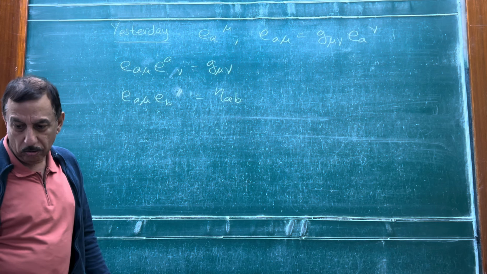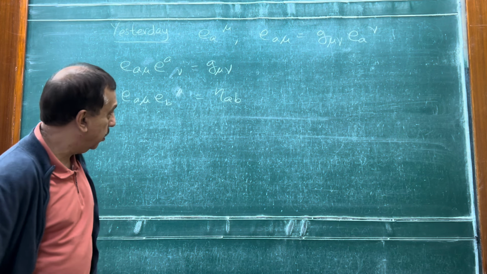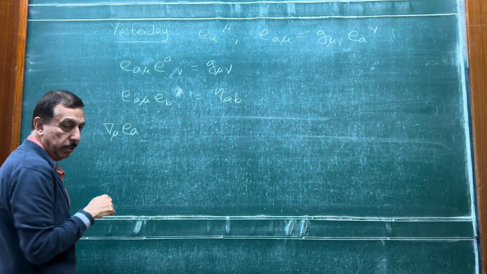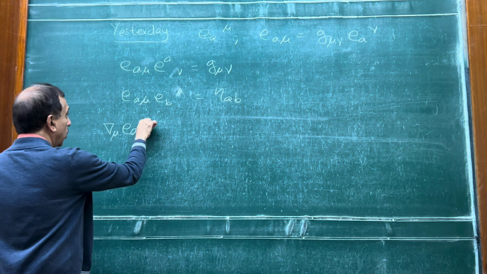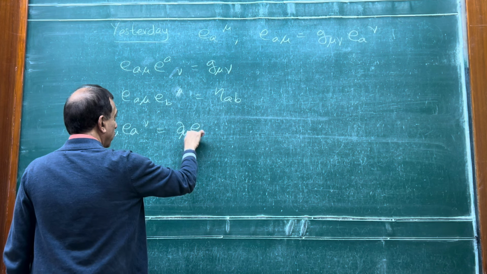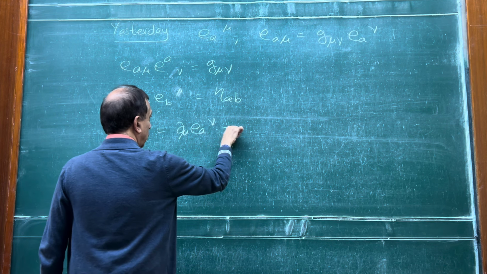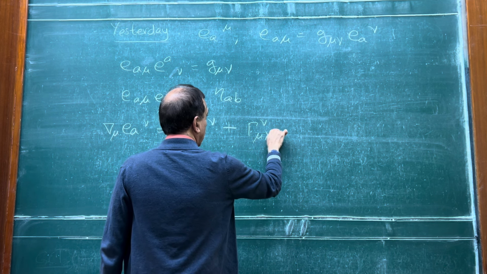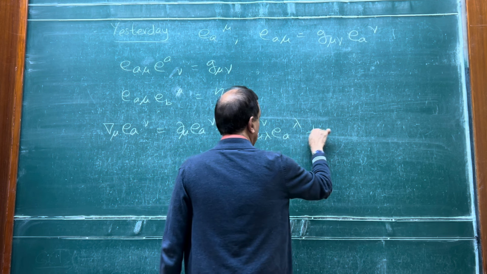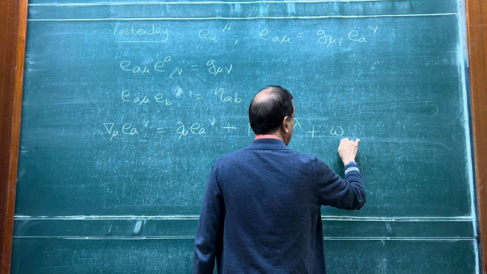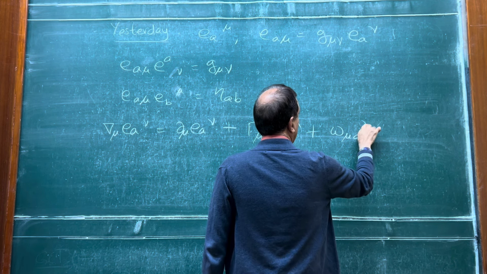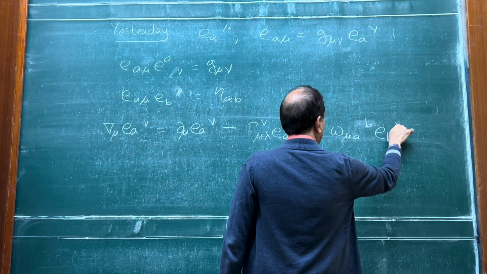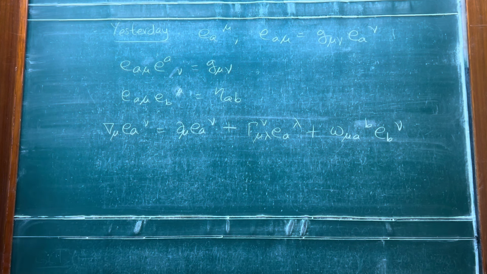Okay. So now, yesterday we noticed that the covariant derivative of this had 3 terms. This and then, I think this is right.